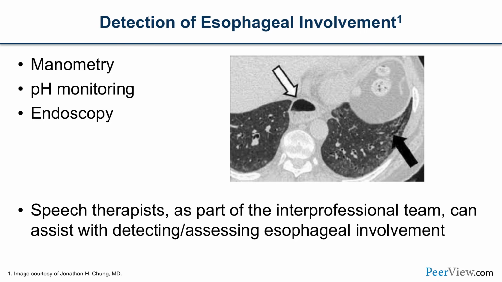Speech therapists can also be very helpful to us evaluating swallowing, so pharyngeal weakness, possibly related to myositis in the upper throat, and also through video fluoroscopy swallow studies, be able to visualize esophagus and even identify some esophageal dysmotility with those studies.